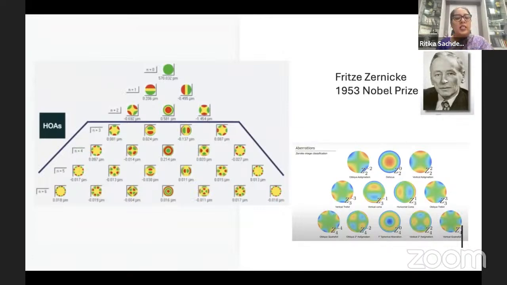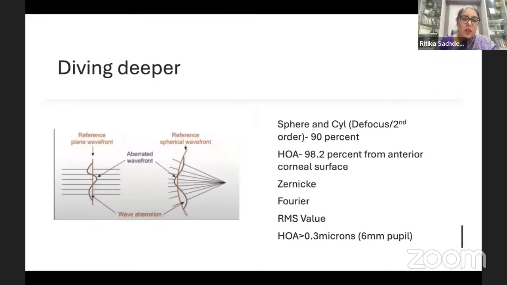And there are at least 3 specific higher order aberrations that are very important to us as cataract and refractive surgeons, which include the coma, the trefoil, as well as the spherical aberrations. So we will discuss aberrations in totality and these 3 aberrations of higher order aberrations in greater detail.